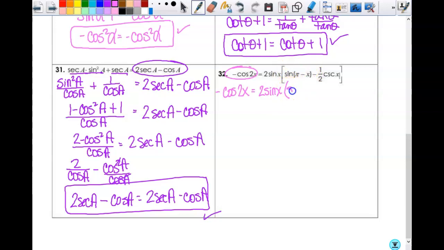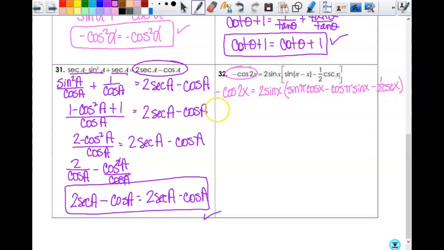So when I do that, this is going to be sine pi times cosine x minus cosine pi sine x, minus 1/2 cosecant x. Okay, I need to close this. I don't really need parentheses around those two terms because I'm just subtracting one term after that.